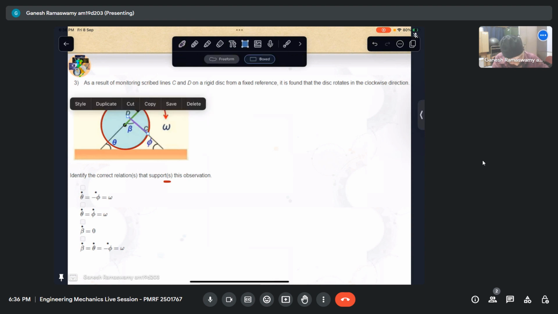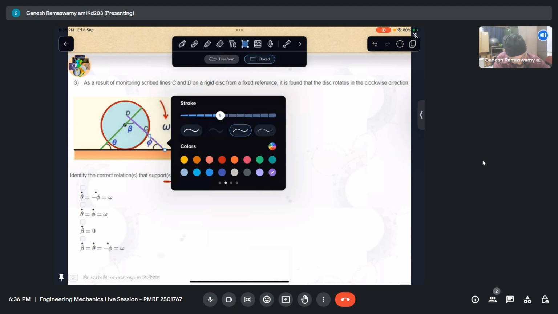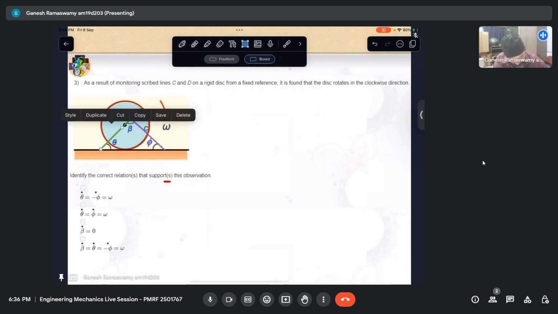That is line C. Now if I were to extend this, let this be the fixed reference. And then I have this line extended onto the fixed reference. Let me draw this as a dotted line. Let me also draw this as a dotted line. So this is the case we are dealing with currently.